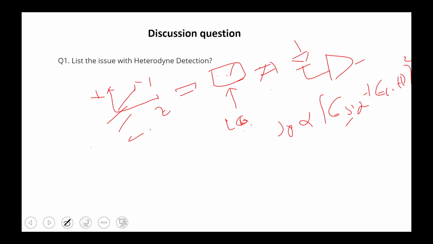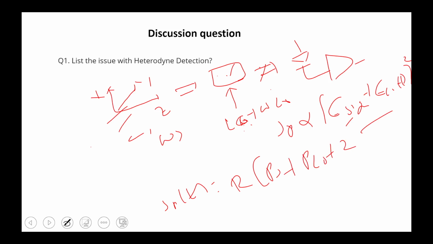The signal has frequency omega_s and the local oscillator has frequency omega_L. At the output of the photodetector, the current is proportional to R times P_S plus P_LO plus 2 root of P_S P_LO cos of omega_s t minus omega_L t plus phi.